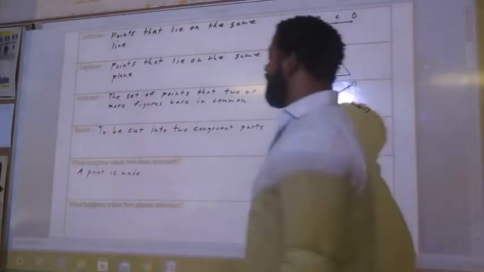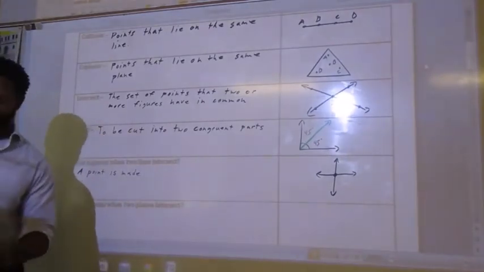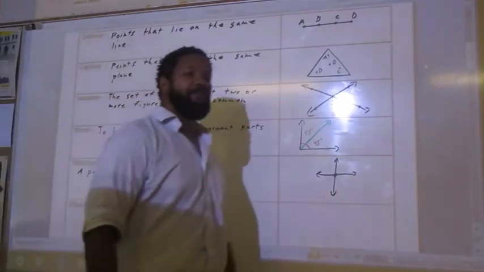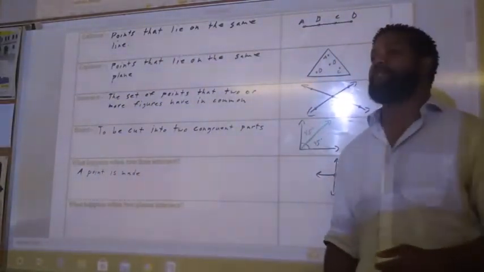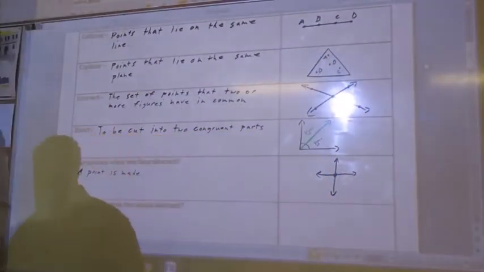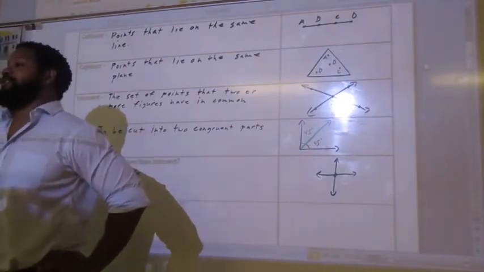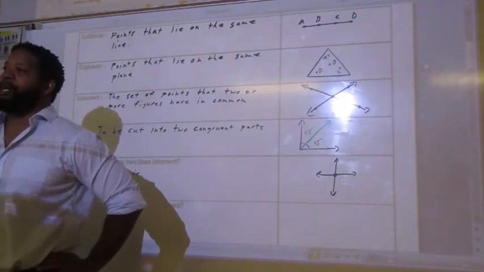What happens when two planes intersect? What do they form? A bigger plane. No. Dude. If he didn't say that, I probably would. Who here has a sheet of paper? Scrap sheet of paper. Let me get that. Wow. Children. We're young adults.